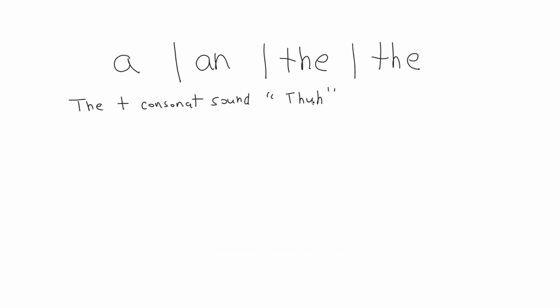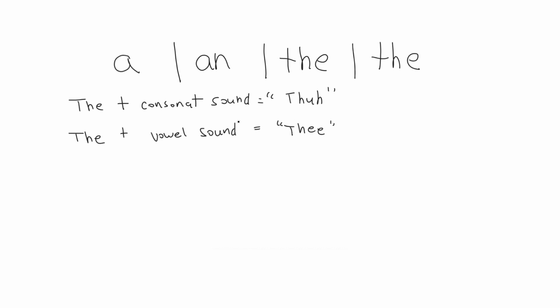It sounds like this. And we use the plus vowel sounds. And it sounds like this. So they have different sounds depending if it's followed by a consonant or a vowel sound.